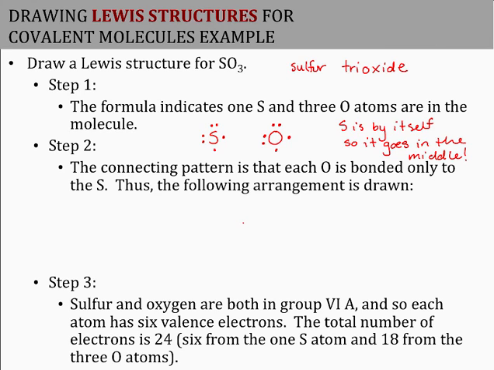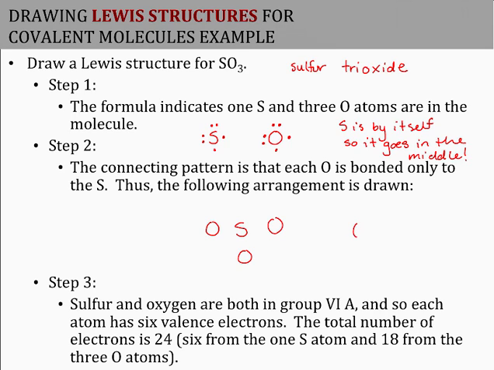All right, so we're going to put sulfur in the middle and then surround it with oxygen atoms. So this is kind of our starting structure. All right, and then we're going to figure out the total number of valence electrons. So each atom here has 6 valence electrons.